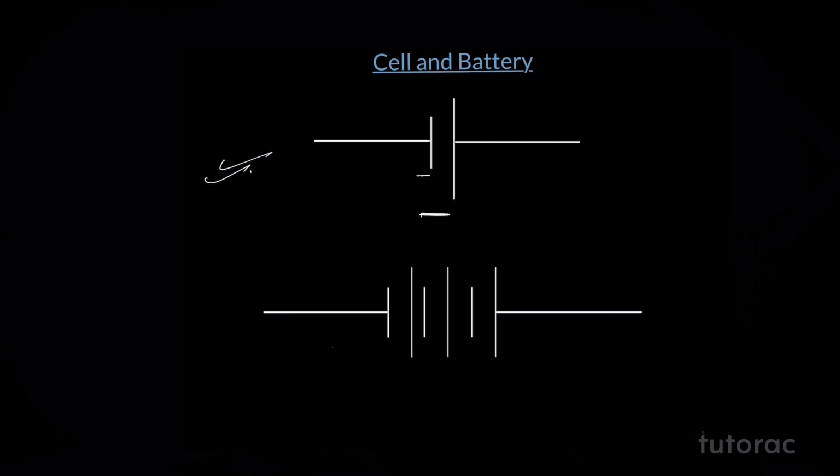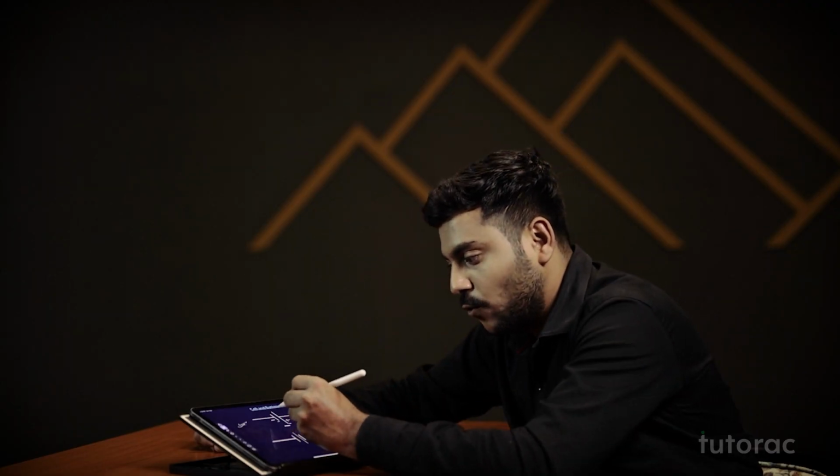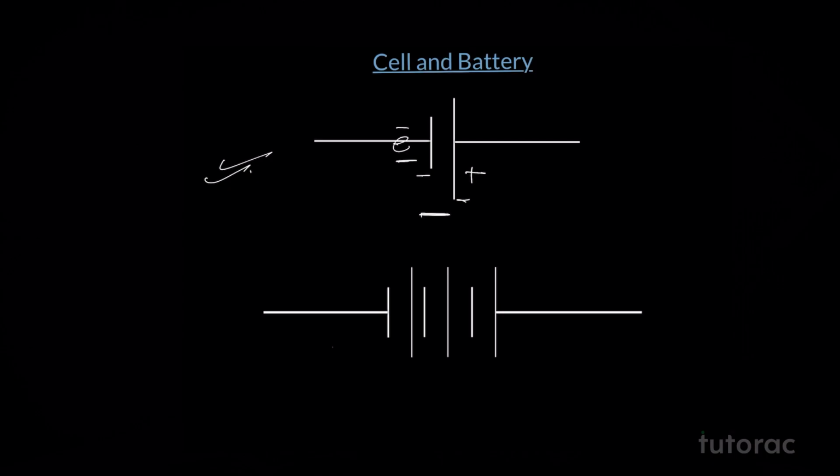A circuit means the combination of devices that we are learning one by one. This cell has one negative plate. This long one is the positive plate. Thus, the flow of electrons will always be from the negative to the positive, and the flow of current, that we call the current, is in this direction, from the positive plate to the negative plate.